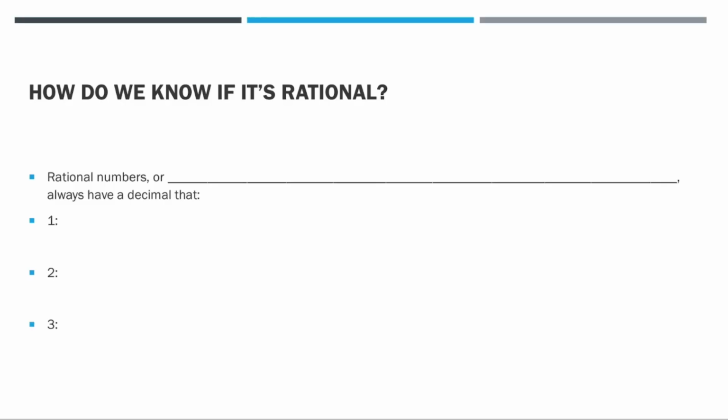So in another video, I've talked about rational numbers, and just a quick review. Rational numbers are just numbers that can be represented as fractions. Because it can be represented by a fraction, there are specific requirements for what it would look like as a decimal.